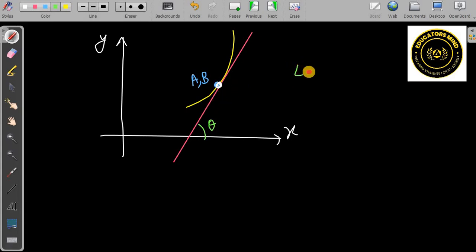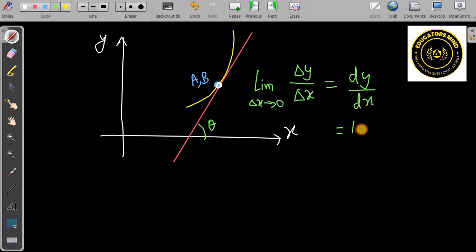So delta y by delta x, when you apply the limit delta x tends to 0, this ratio is called dy by dx, and this dy by dx is nothing but tan theta in this diagram, which is the slope of the tangent AB, because now this line AB is a tangent. Previously it was not a tangent.